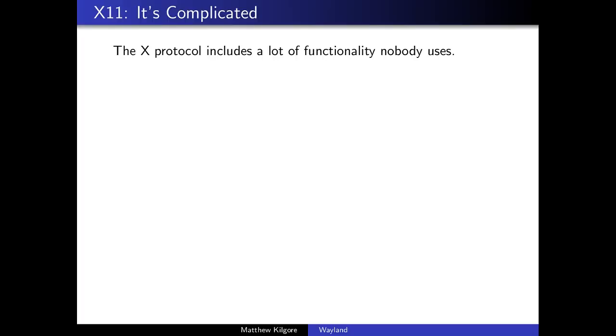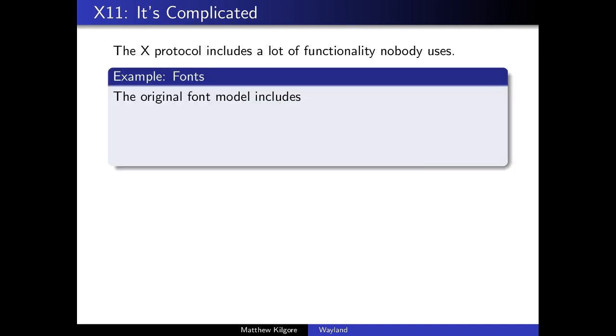Now, the second issue with the X protocol is that it is incredibly complicated. It has a lot of functionality that nobody uses. The most common example I see is the fonts.